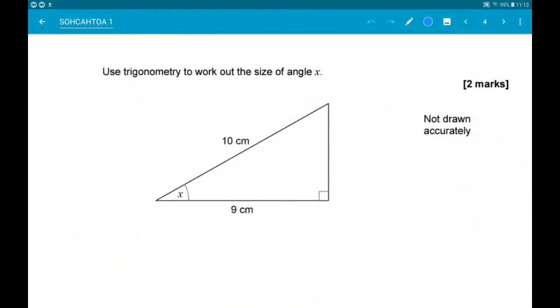Next up, use trigonometry to work out the size of angle x. Okay, so again, work out which sides we have. This time we have the adjacent and the hypotenuse. So is it SOH, no, CAH, yes. So CAH tells us cos x is the adjacent over the hypotenuse, so 9/10.